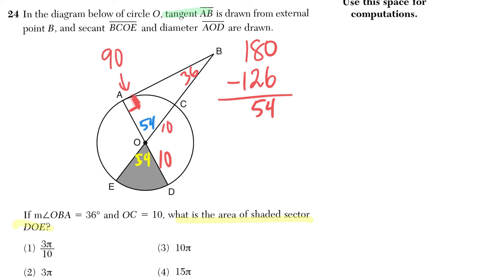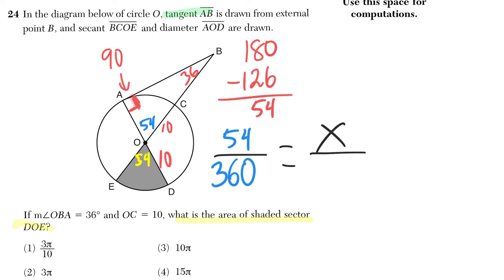The way I sometimes set this up is simply setting up as a proportion. And so I know that if it's going to be 54 degrees, which is just a fraction of the entire 360, equals what over what. So if we're talking about degrees and then area, the area is what we're looking for. And we don't know that, so we're simply going to write x.